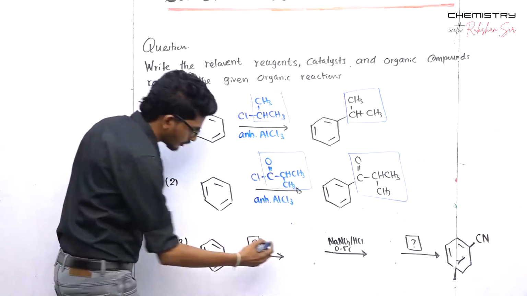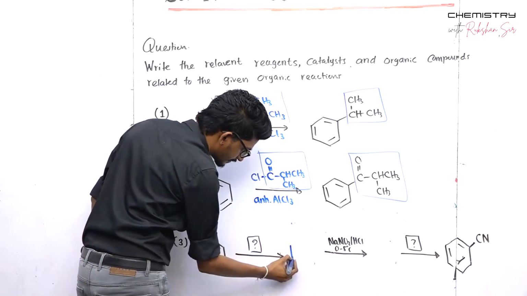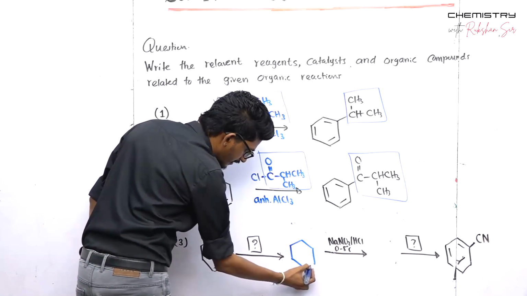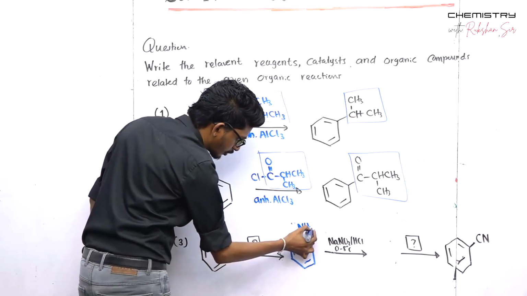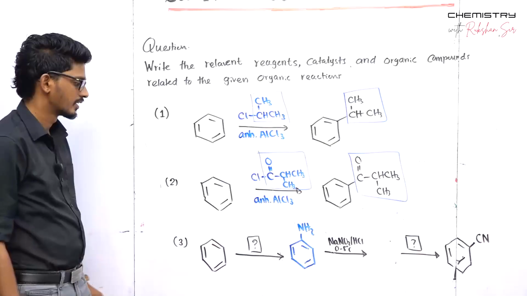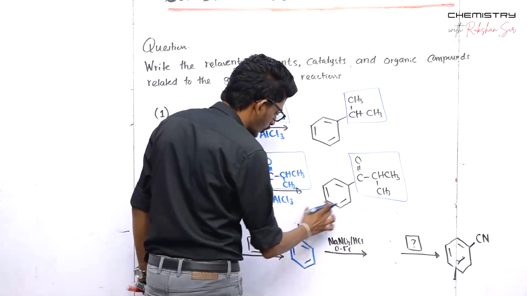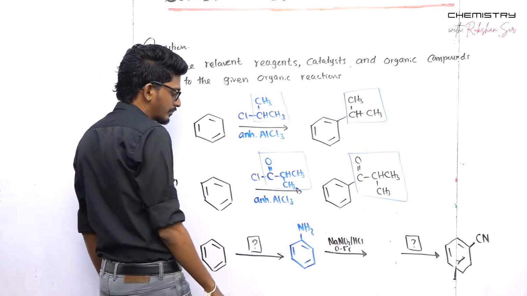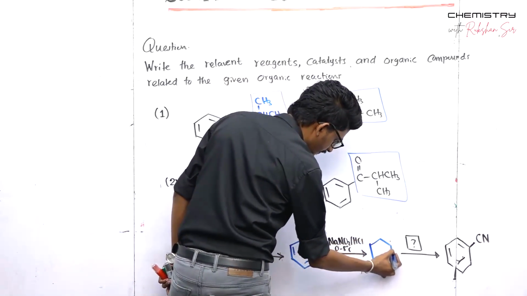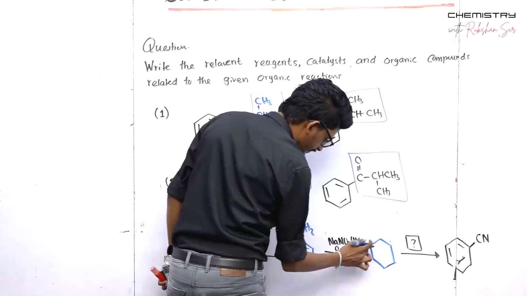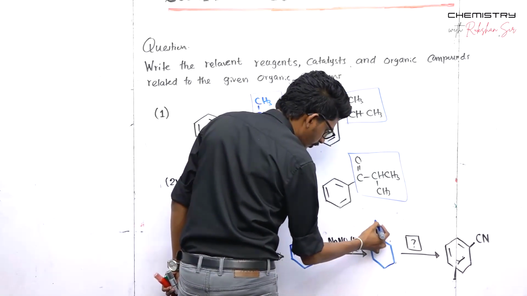So NaNO2/HCl is a characteristic reagent used with NH2 groups. It will convert NH2 to OH at normal temperature, but at the special temperature with the benzene ring, you can come up with the diazonium salt.